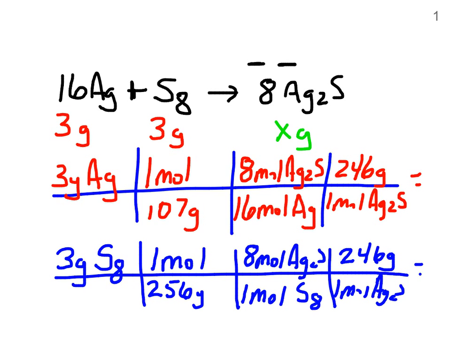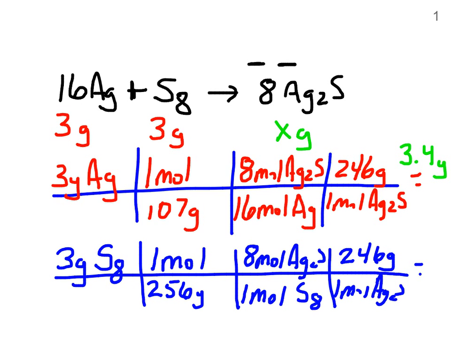Now, I'm going to solve these. Solve them separately. The correct answer to this problem will be the amount that is the least. So for the first one, it's 3 divided by 107 times 8 divided by 16 times 246. This gives me, I can hardly write it in there, 3.4 grams.